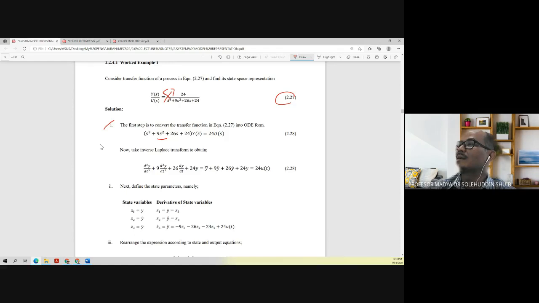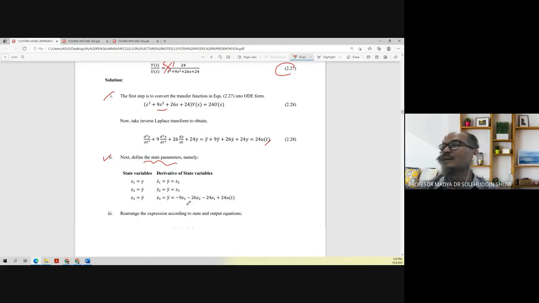You get y triple dot plus 9 y double dot plus 26 y dot plus 24y equal to 24u.